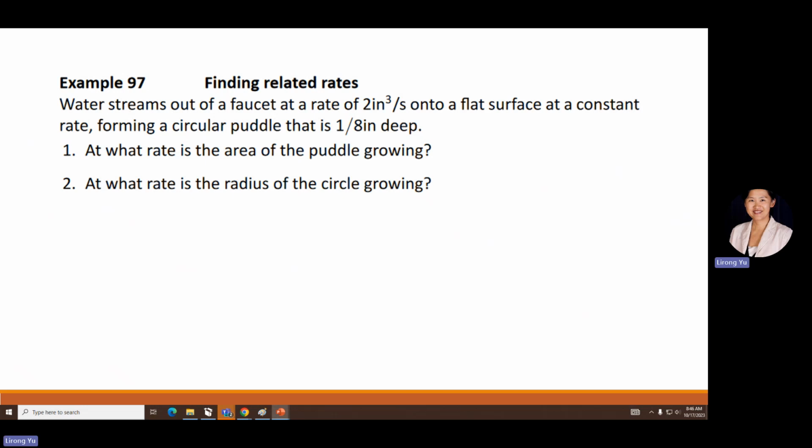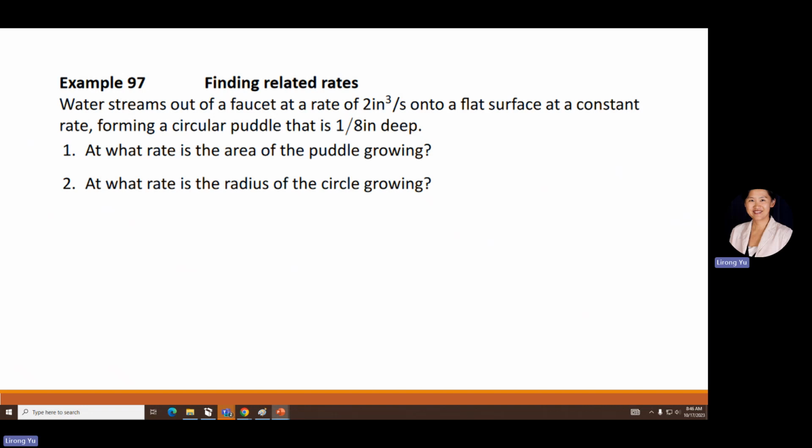So let's look at what kind of quantity is in the question. We didn't really see the word volume in the question, but it did have the unit inch cube. So that's volume per second. So it's 2 cubic inches per second.